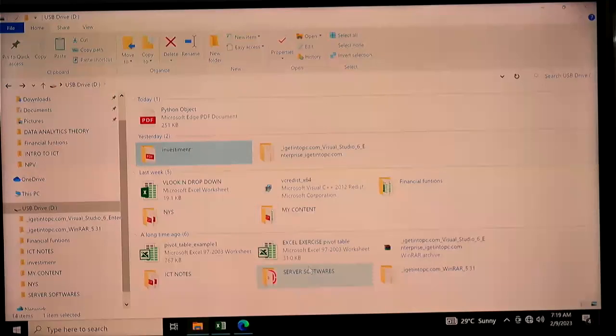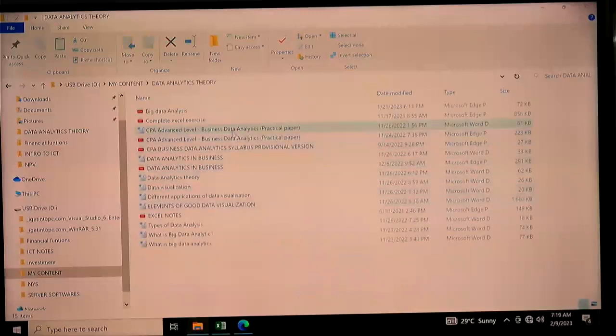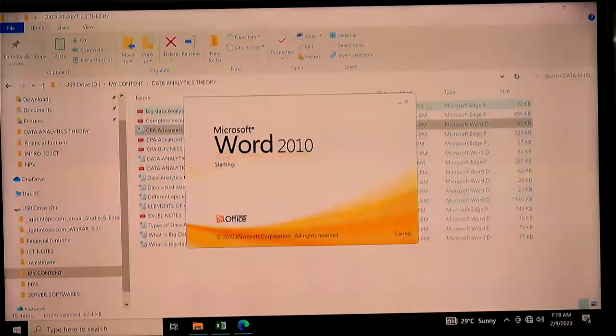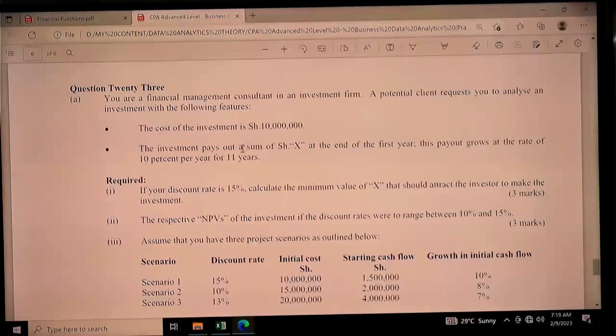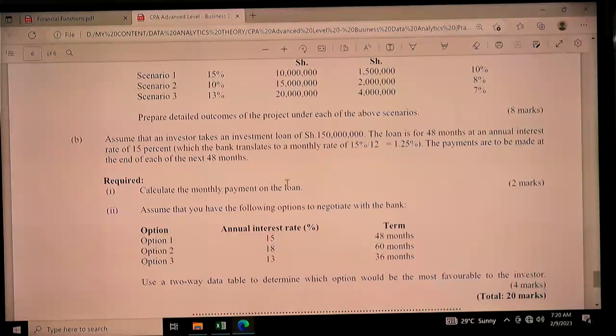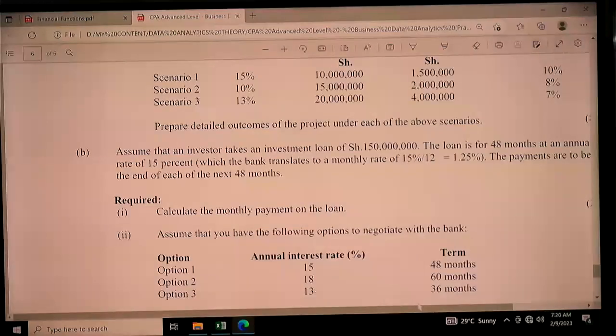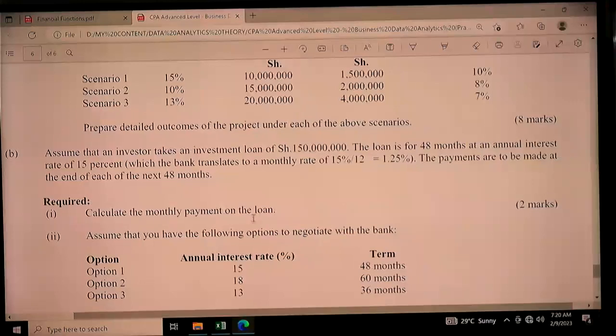Where is the past paper? So the first question reads here, calculate the monthly payment for the loan. That was the first question.